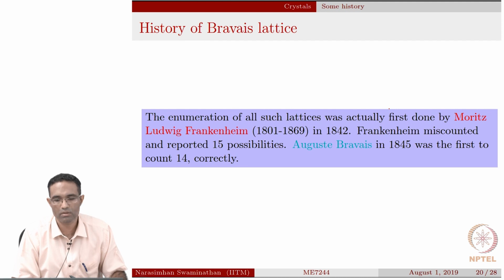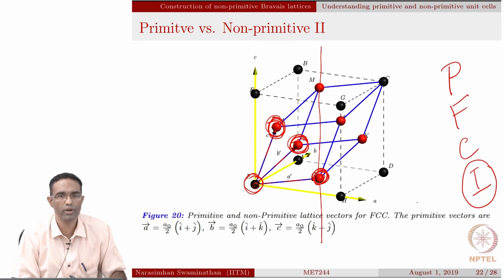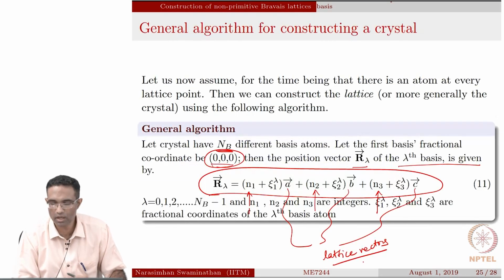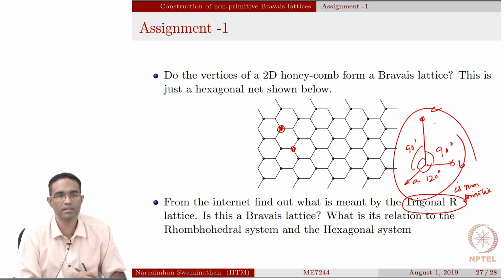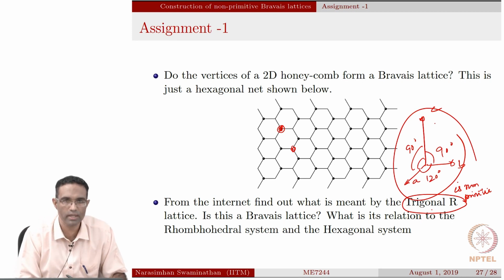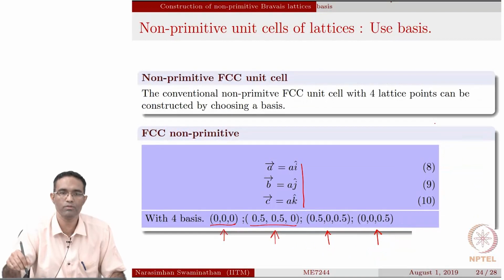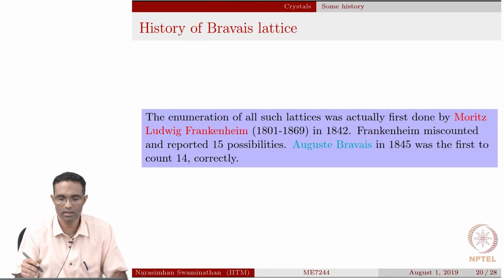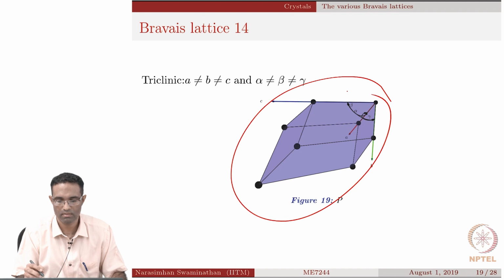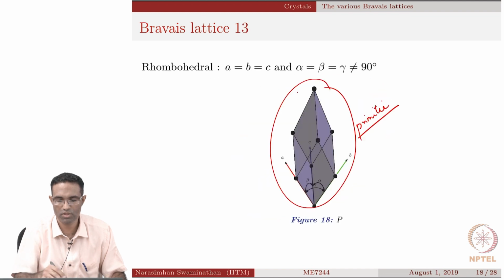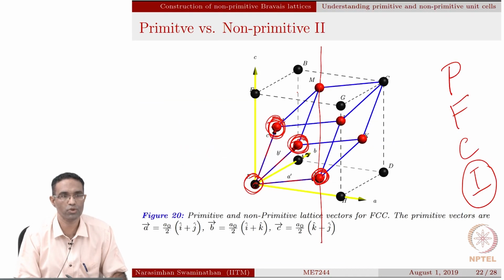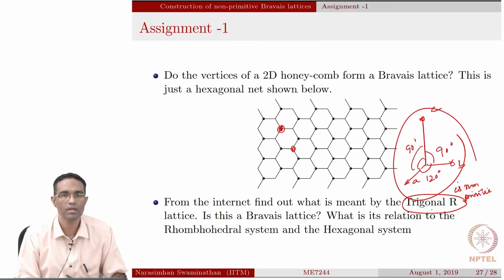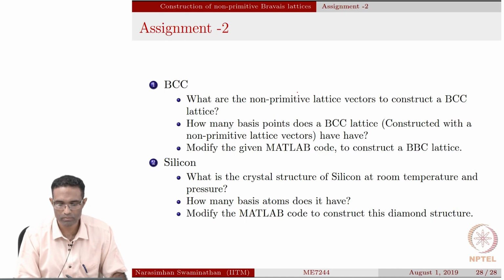So whenever we talk about rhombohedral and trigonal, we can use the hexagonal unit cell in order to generate that lattice, and inside that you can show that there is actually going to be this structure. We will do that when we do symmetry in crystals.